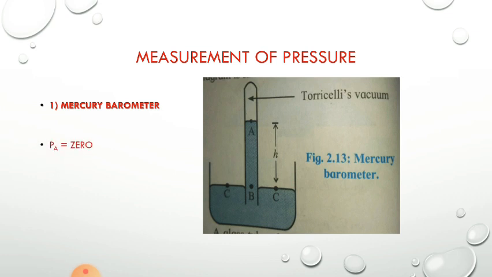Let us consider a point C on the mercury surface in the dish and another point B inside the tube at the same horizontal level as point C. The pressure at C is equal to the atmospheric pressure P0 because it is open to the atmosphere.